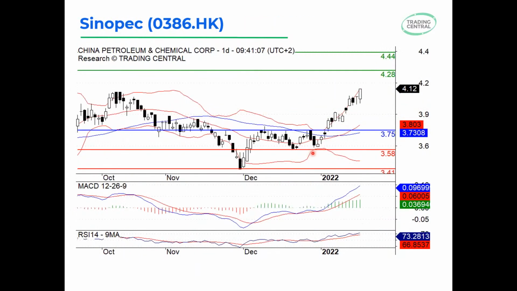Hong Kong stock, it is Sinopec, a Chinese oil company. Okay, and it is listed in Hong Kong, just like the XLE, the previous one.